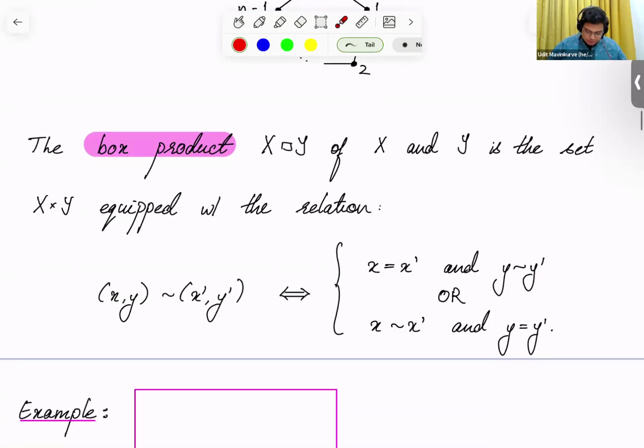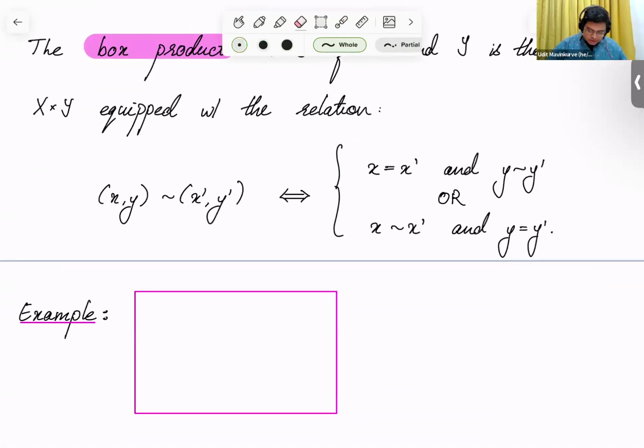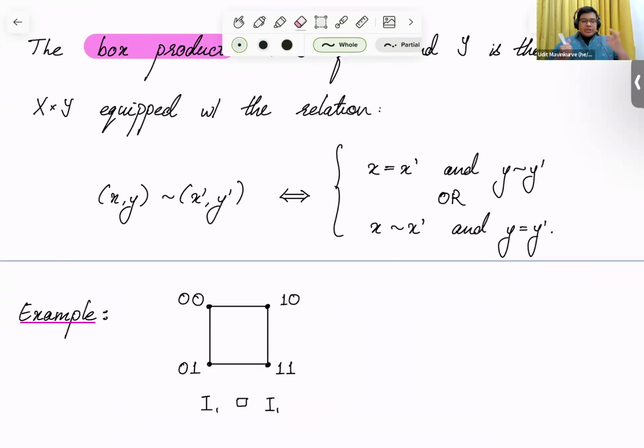So the prototypical example of this is I1 box I1. When you take the interval of size 1 product with itself, first of all, I1 has two vertices, so I1 box I1 is going to have four vertices just by virtue of taking the Cartesian product of the sets. But then you need to look at where you draw edges.